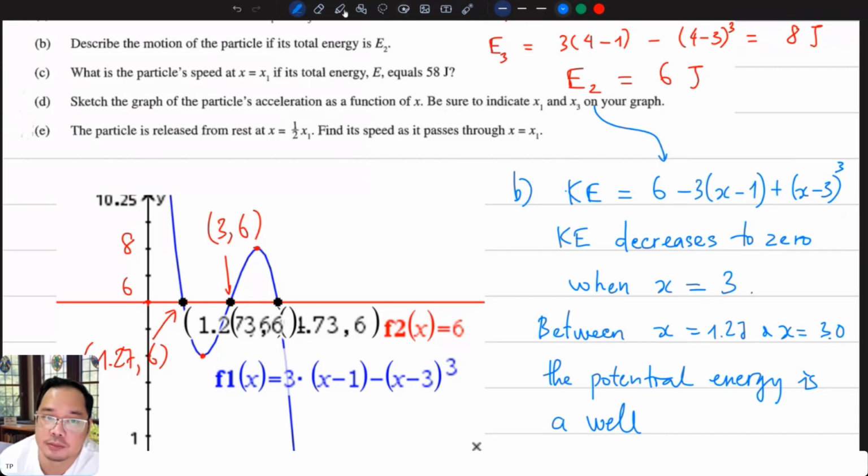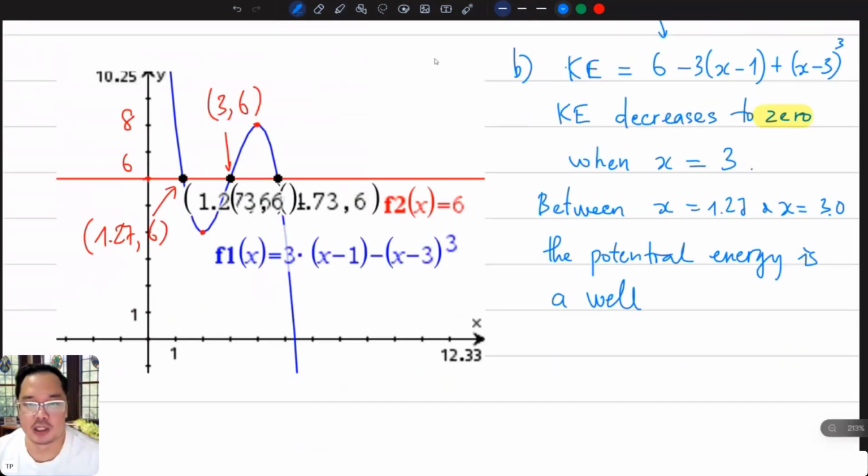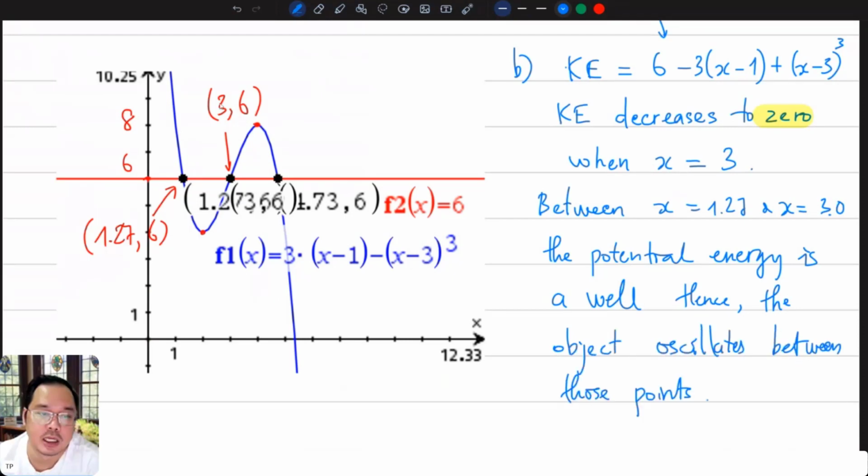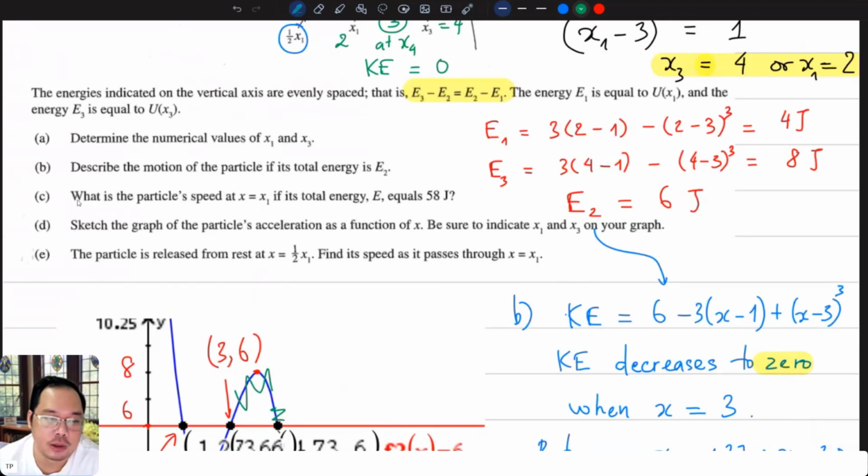This is the key, becomes 0 here. So the object oscillates between those points. Of course, we do not have the part of the function on the right. Sketch the graph. Question C.